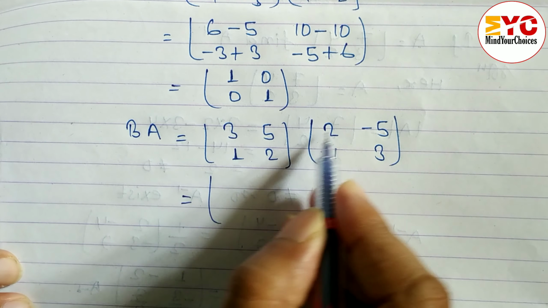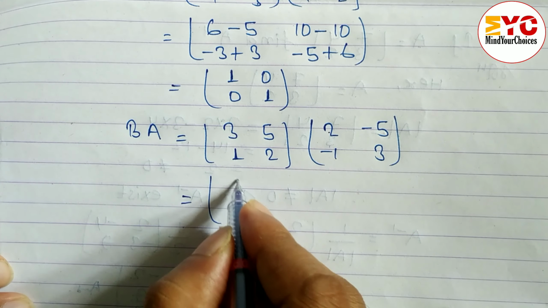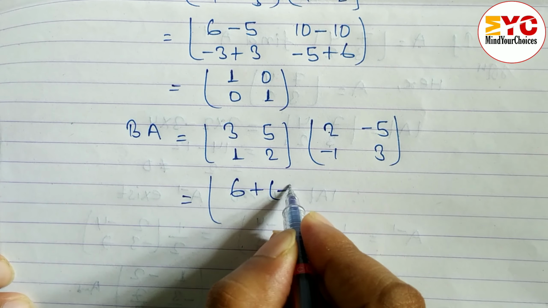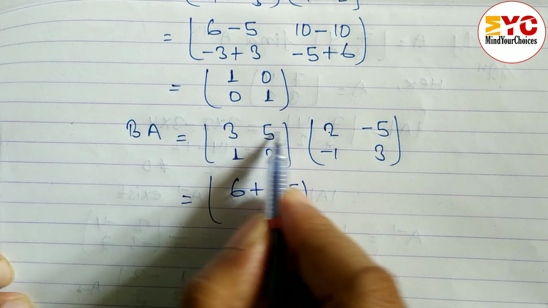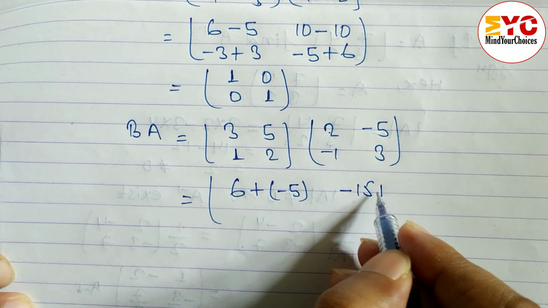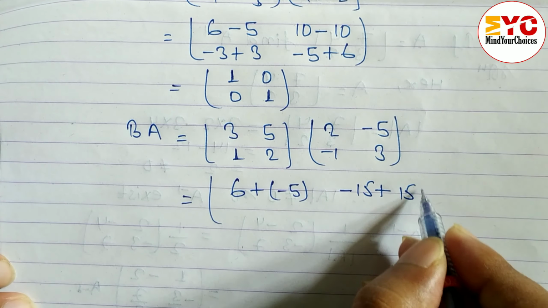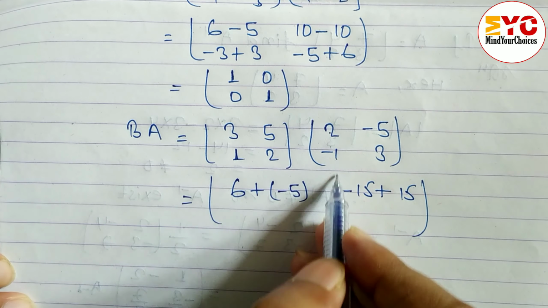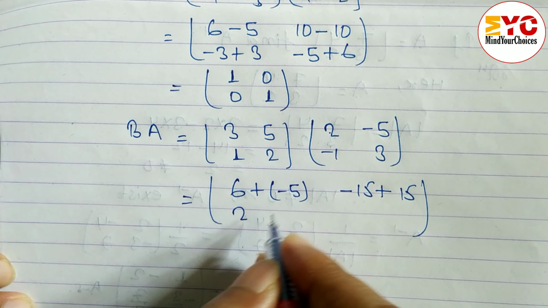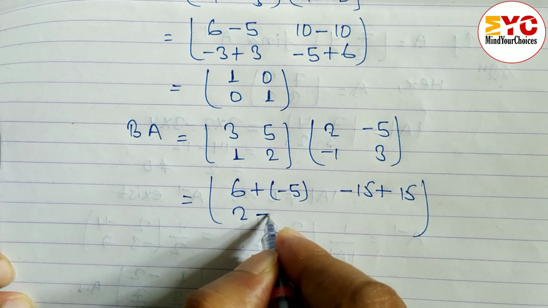Okay, first row first column: 3 into 2 is 6, plus 5 into minus 1 is minus 5. First row second column: 3 into minus 5 is minus 15, plus 5 into 3 is 15. Second row first column: 1 into 2 is 2, 2 into minus 1 is minus 2.